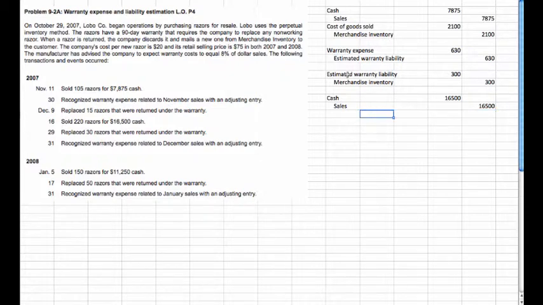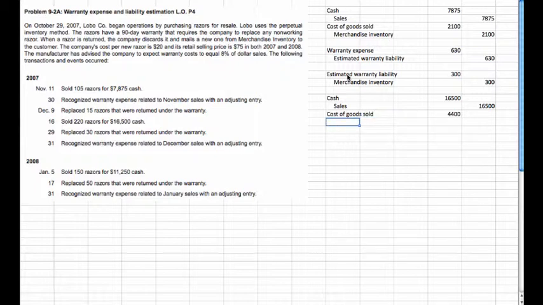Once again, because this is a perpetual inventory, we have to recognize the cost of goods sold. So we debit cost of goods sold. Now the cost of goods sold, once again, how many razors did we sell? We sold 220 razors times a cost of $20. So we're going to get $4,400.